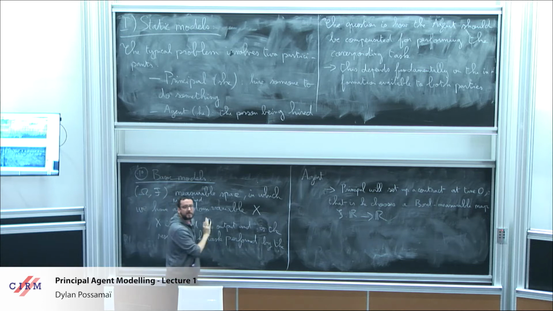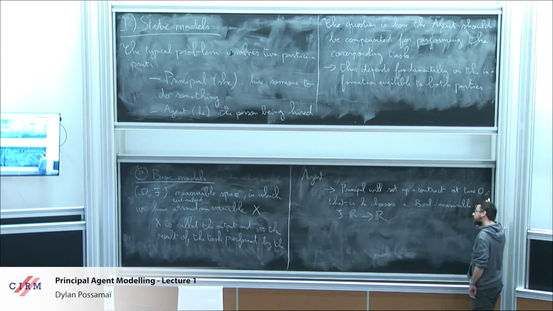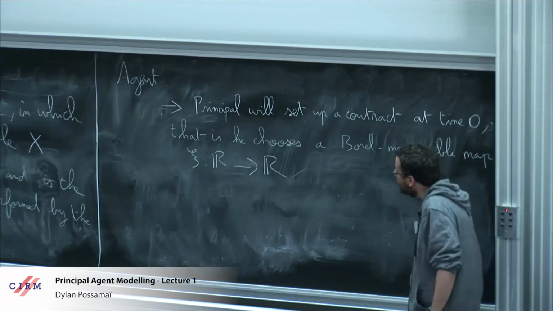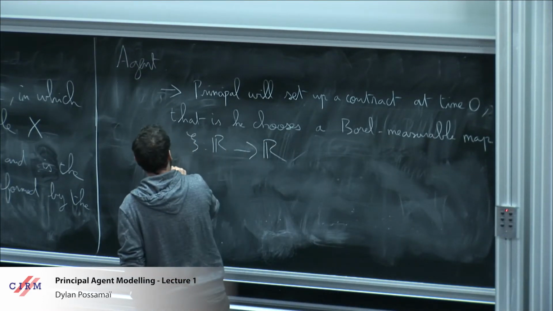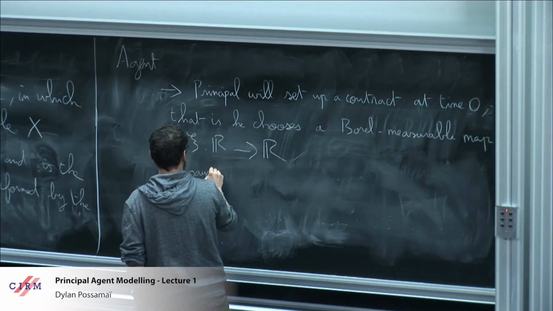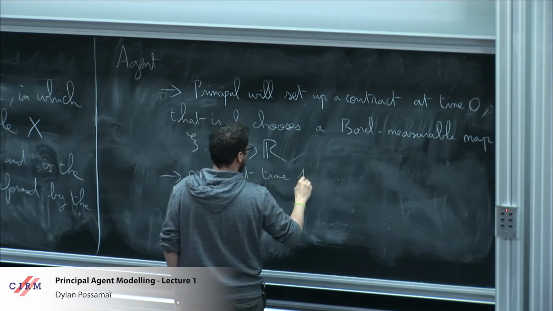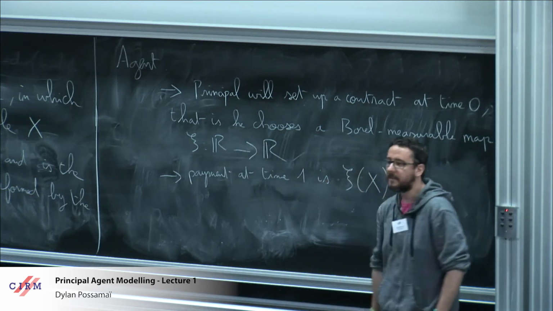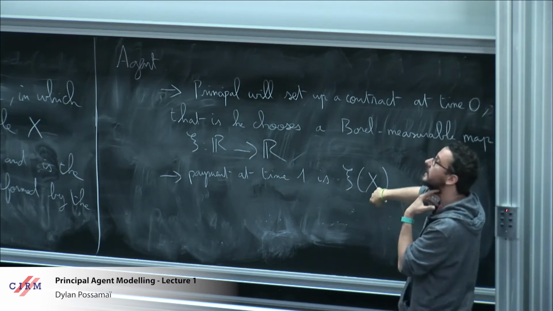It can be multidimensional, that doesn't change much about the presentation here, but let's just take it real valued for now. And that just means that the payment at time 1 is psi of X. All right, so there will be some uncertainty about the realization of X.